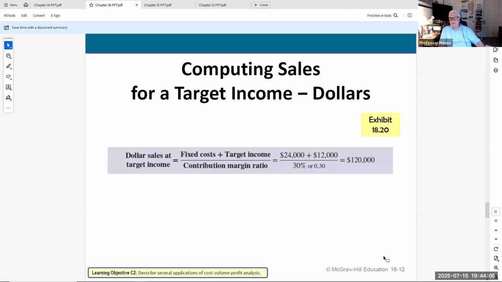So now they've committed themselves to making a $12,000 profit. That means they need to sell, at their current retail price and cost structure, $120,000 of volume. And that puts a lot of pressure on the sales and marketing team, saying, okay, you guys got to sell $120,000 next year. If you don't, we're going to look bad.